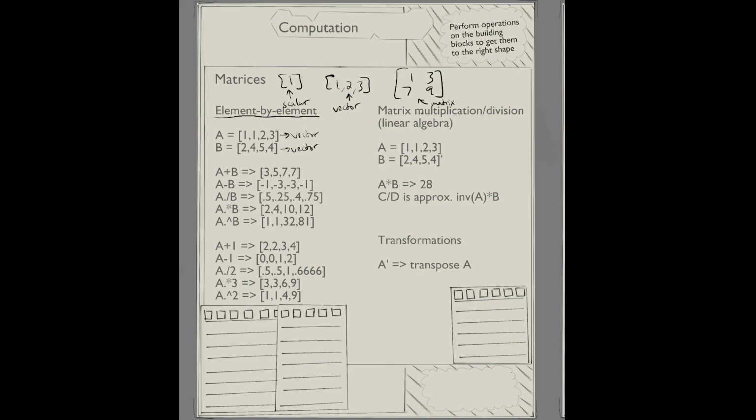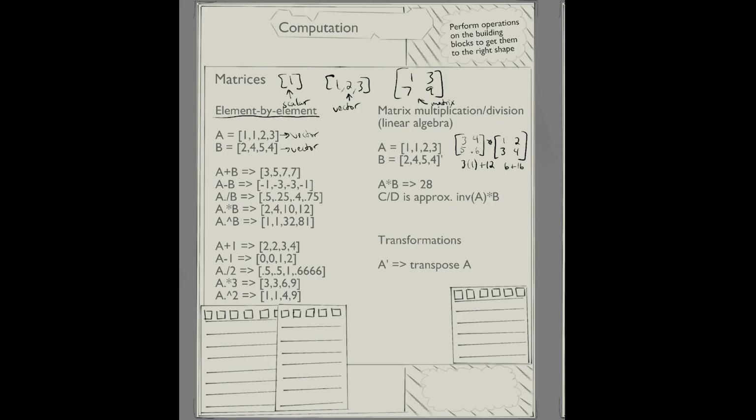All right, on the other hand, we have matrix multiplication and division. This is linear algebra. So in linear algebra, you'll multiply two matrices together. When you have a matrix like this, multiplied by this matrix, the way this will work is you'll multiply 3 with 1, plus 4 with 3, 4 times 3, then 3 multiplied by 2, 6, plus 4 times 4, 16.